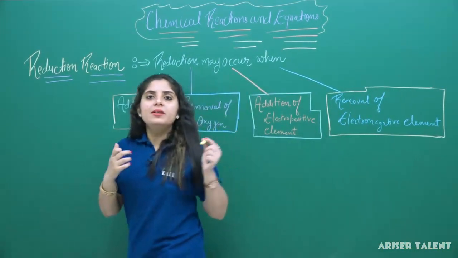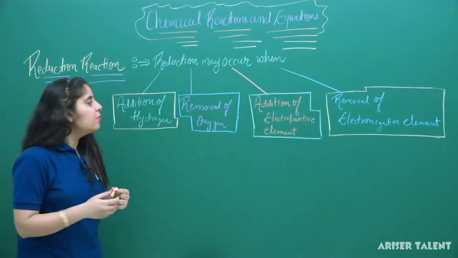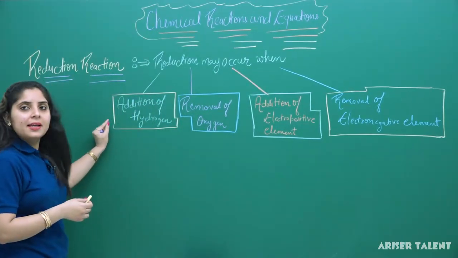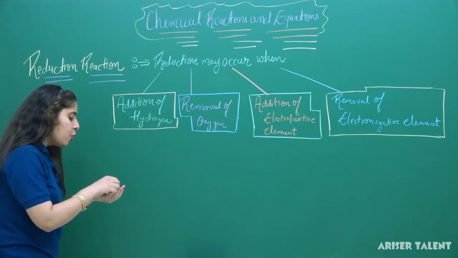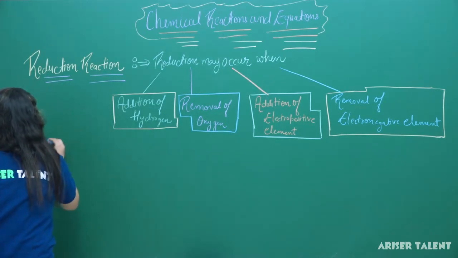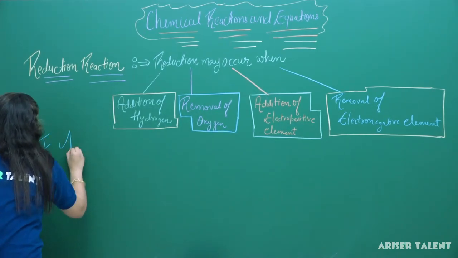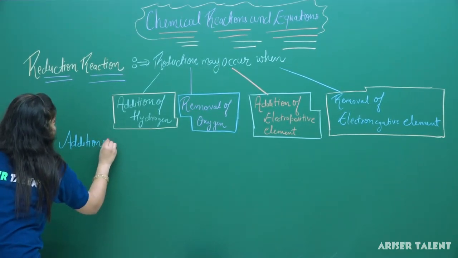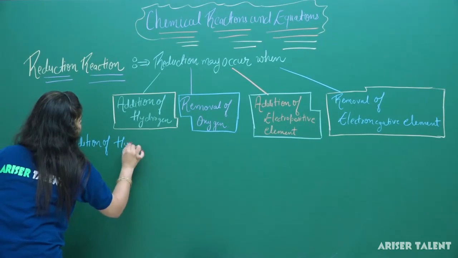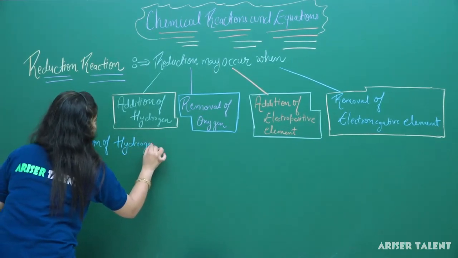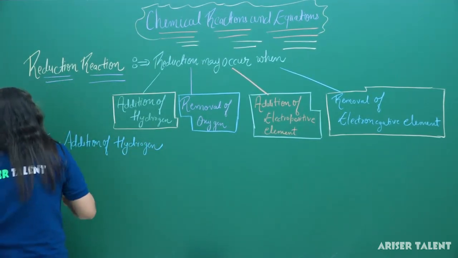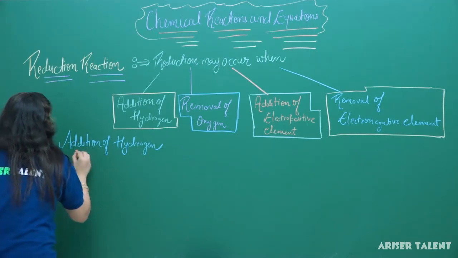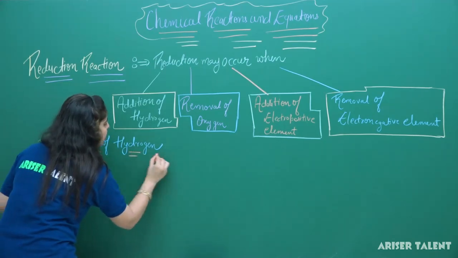So these are the basic 4 cases in which the reduction may occur. Now we will deal with all these cases with the help of examples. In the first category, we will deal with addition of hydrogen. Reduction basically occurs when there is an addition of hydrogen in a compound.